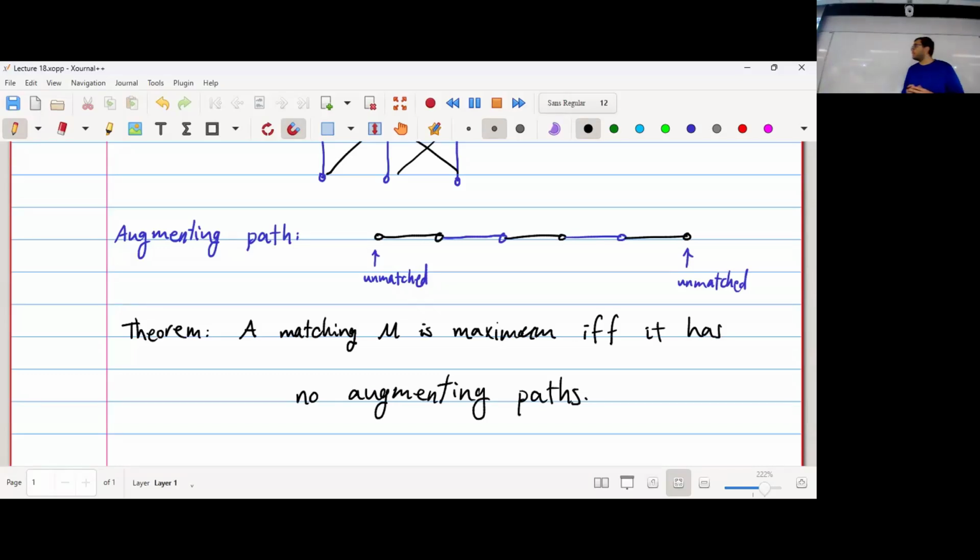So if I cannot extend a matching, then it's a maximal matching. So I cannot extend the matching using augmenting paths.